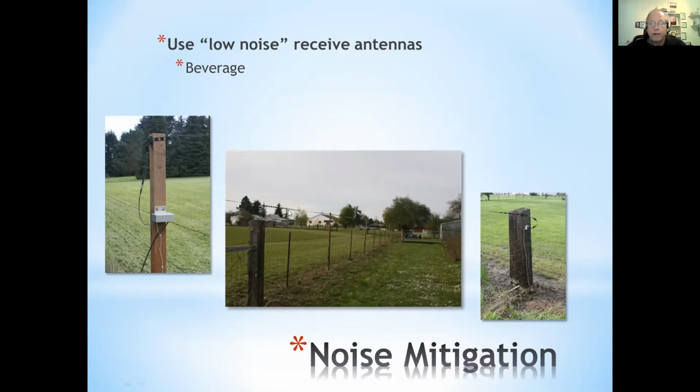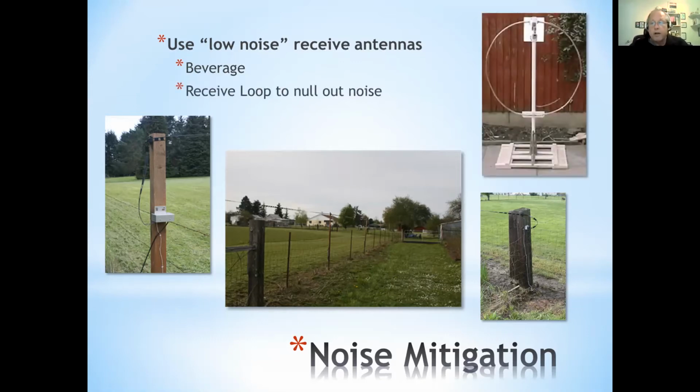This is a kind of low gain antenna, but multiple wavelengths long. There's less noise on here, and I've actually worked stations I could not hear on my other antennas, because this is a lower noise antenna, it's less susceptible to picking up noise. I'm actually able to pick them up. So if you have the room, think about putting up something like a beverage antenna.